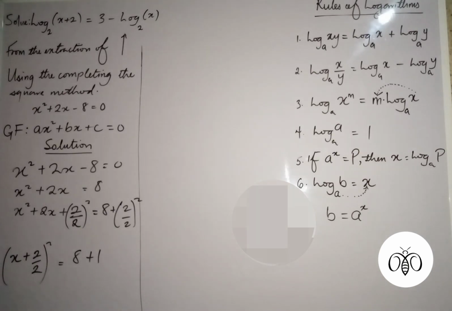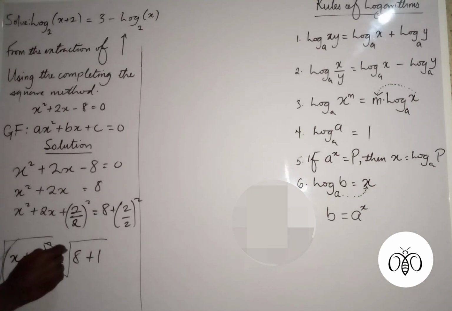Now the step we need to carry out here is to square root both sides. The square cancels the square root. We have the square root of 9, but before that we need to add plus or minus.